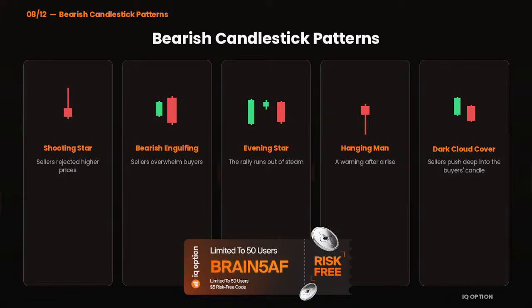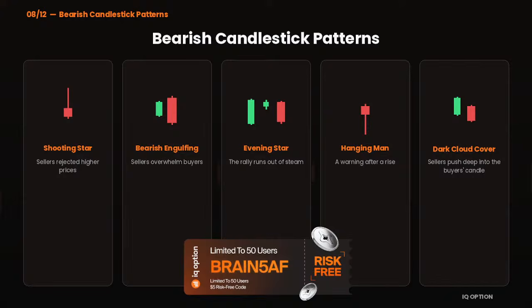The bearish engulfing, just like we have the bullish engulfing in the bullish market for the buyers, we have a bearish engulfing as well. And the bearish engulfing is a small green candle followed immediately by a much bigger red candle. And that red candle completely covers the green candle. And what happened is that buyers won a little bit from the beginning, which is the green candle, and then sellers came in and fought back fiercely and erased the entire gain in one move.